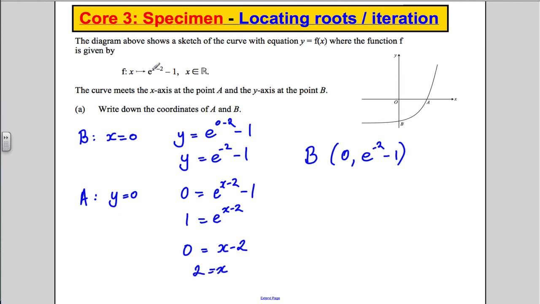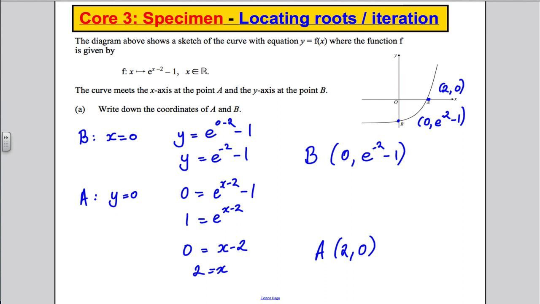Was obvious because if you put 2 in here, e to the 0 subtract 1, well, e to the 0 is 1, and 1 subtract 1 is 0. So the coordinates of a are therefore 2 and 0. And b is 0, e to the negative 2, subtract 1.